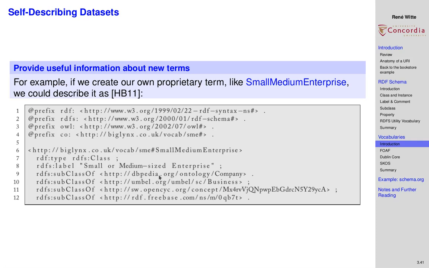For example, DBpedia also has a vocabulary, which you find under DBpedia ontology, and there it has a company. So you can say this is a subclass of company, a specific type of company. And now another AI that reads triples described using this vocabulary might not know small, medium enterprise, but it knows that the instances are a subclass, a kind of company.